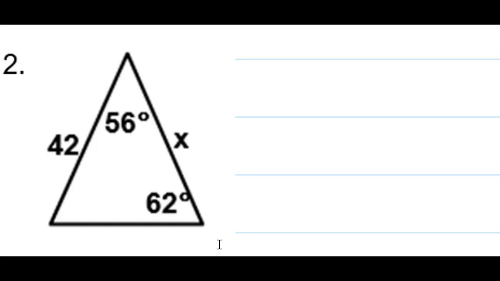Yes. Great job, Eva. So then she says that we have 56 and 62. So we're adding them together and we get 118. Because those two angle measures are 118.